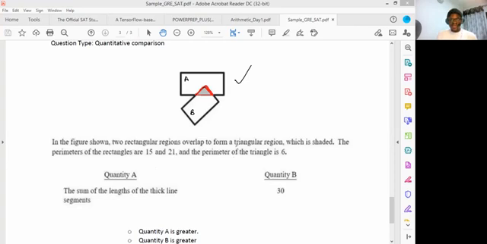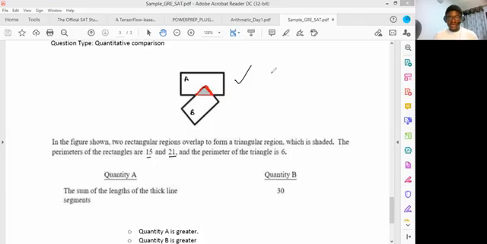Okay, so how do we do that given the information we have here before us? So first off, we're given that the perimeters are 15 and 21. Okay, and so the sum of these perimeters would represent the sum of all the lengths of these two rectangles.